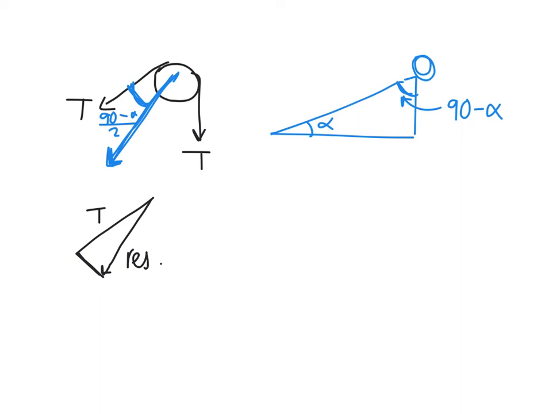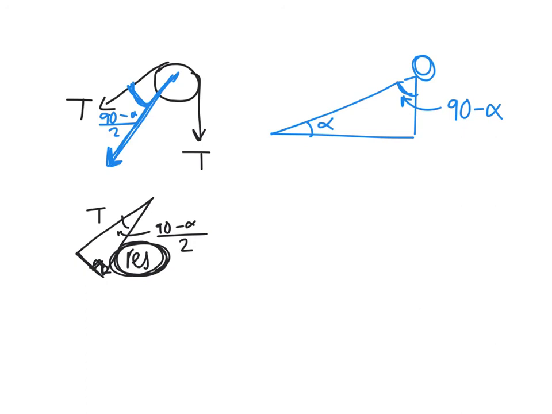Actually, they cancel each other out in the end. So this angle at the top here, this of course is our 90 minus alpha over 2. And I need to think about what I've called res, or the resultant, is. Well, I'm just going to use trig. That's it. Just going to use GCSE trig, SOHCAHTOA essentially.